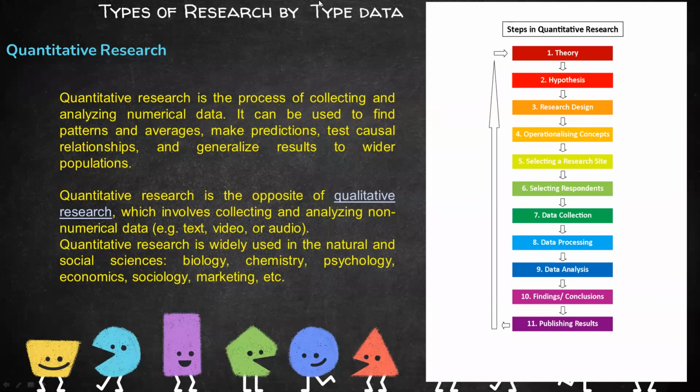Means what type of users are coming to the library, what type of books they are circulating, that is, issuing from the library. So if you want to do the study, there is every possible way you can do it based on quantitative research.